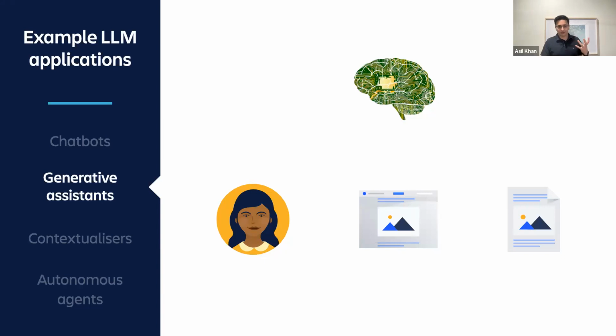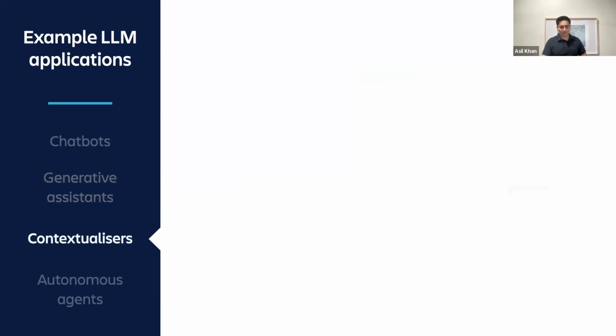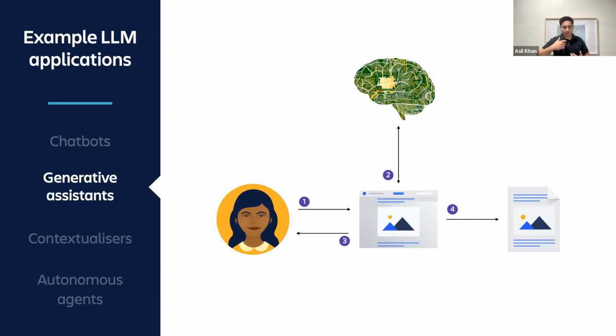So a user can write some text into their word processor. For a summary, the word processor calls off to OpenAI for a suggestion. The word processor then asks the user for approval on whether they want to include this text in the document. And finally, the user approves and the AI generated text goes into the published document.